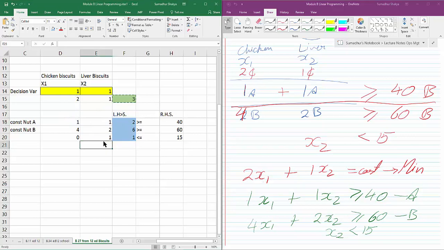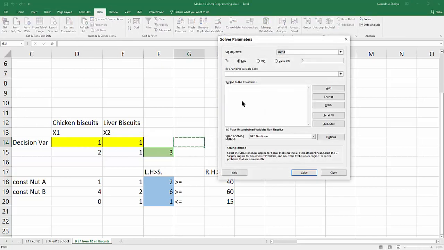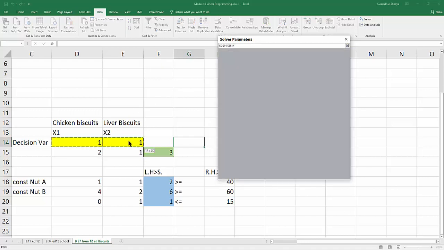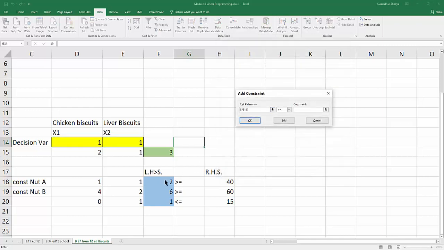Okay, so let's maximize this such that we can see it a little better, and we're going to go to Data, Solver, and make sure our set objective is this green cell. We want to minimize this by changing the variable cells, which are in yellow. Add. These two conditions are similar, so I'm going to choose them together, that 2 and 6 have to be greater than or equal to 40 and 60 respectively.